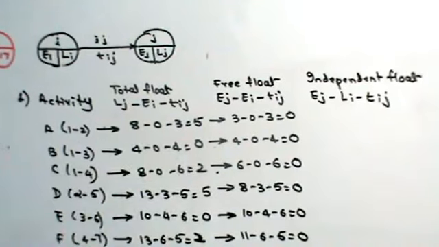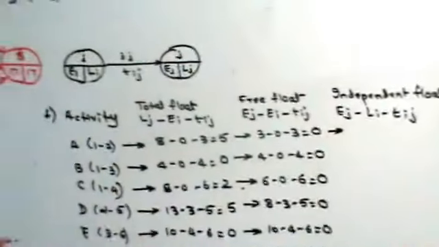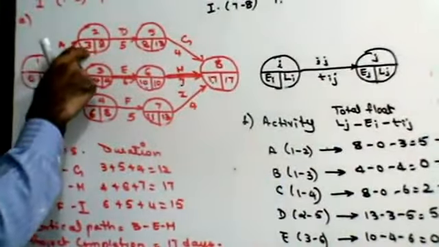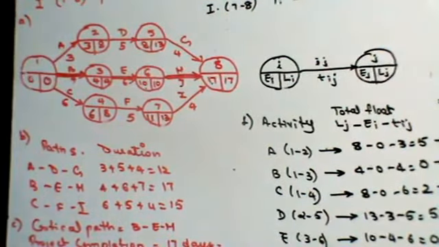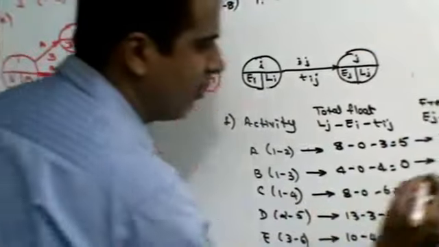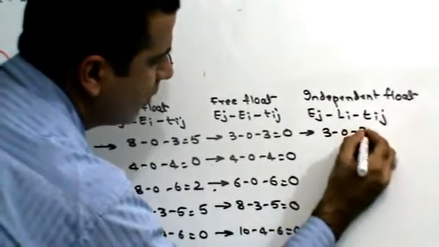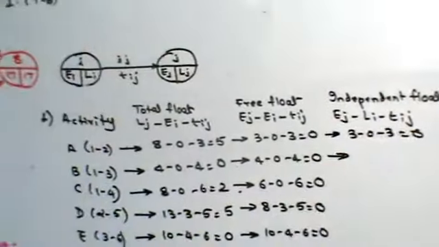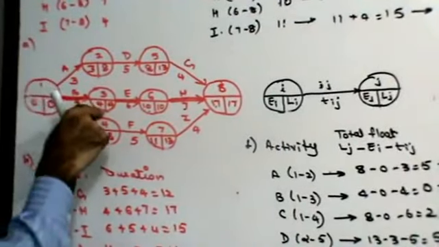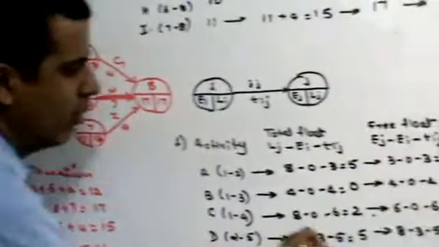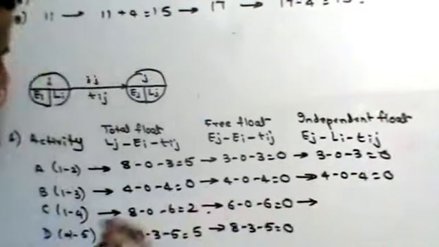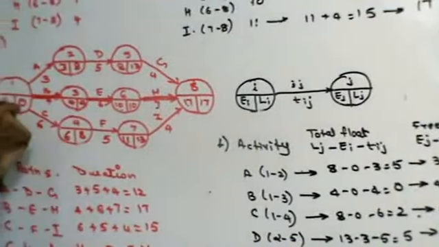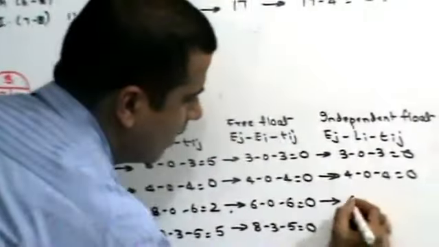Let's calculate this. For activity A, Ej minus Li minus Tij is 3 minus 0 minus 3, which is 0. For activity B, 4 minus 0 minus 4, 0. For activity C, 6 minus 0 minus 6, 0.